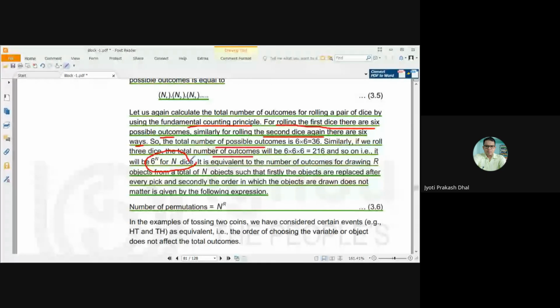It is equivalent to the number of outcomes for drawing r objects from a total n objects, such that firstly the objects are replaced after every pick, and secondly the order in which the objects are drawn does not matter.